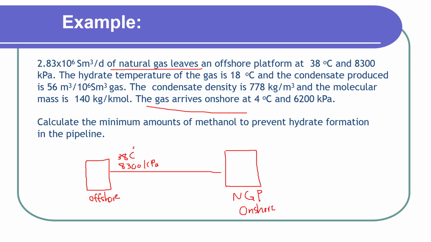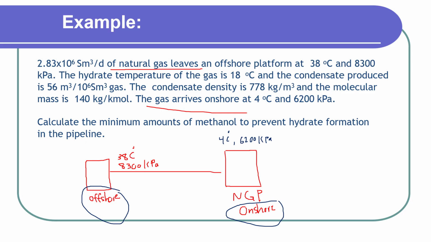Okay, the condition here at the onshore, you have 4 degrees Celsius and you have the pressure of 6200 kilopascal. So the natural gas will leave the offshore location going to the onshore location, where the offshore location has a specific condition of 38 degrees Celsius, 8300 kilopascal, and the onshore one has 4 degrees Celsius and 6200 kilopascal.